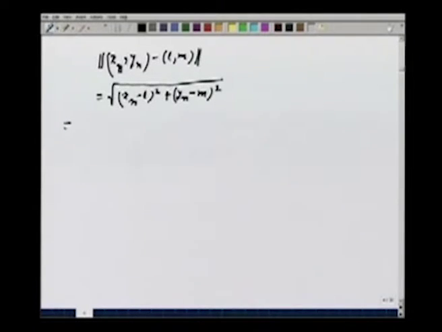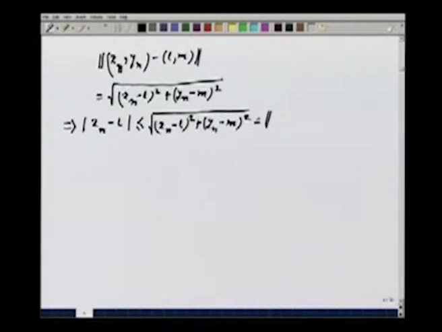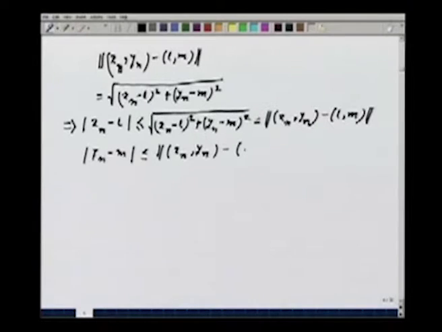Because of this, I immediately get that modulus of xn minus L is less than or equal to the square root of (xn minus L) squared plus (yn minus m) squared, which is equal to the norm of (xn, yn) minus (L, m). And a similar thing happens with modulus of yn minus m also, that this is also less than or equal to the norm of (xn, yn) minus (L, m).